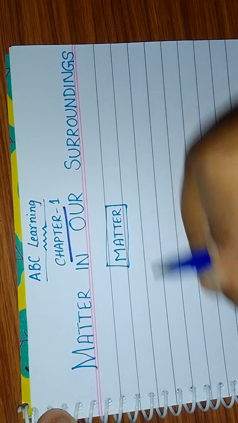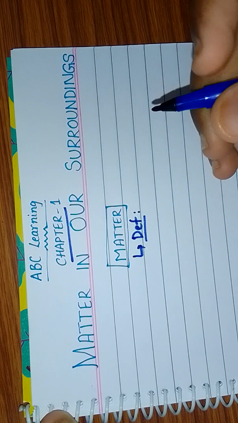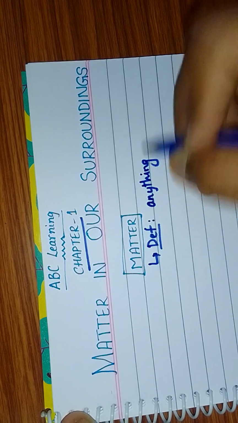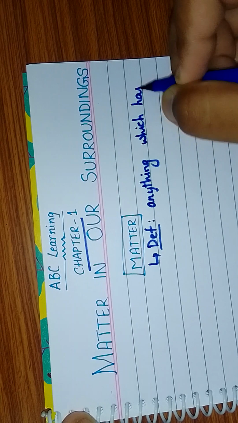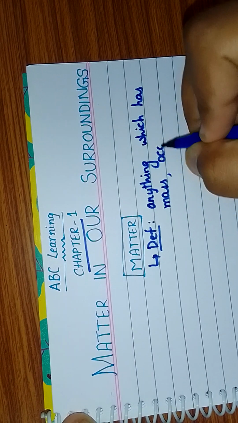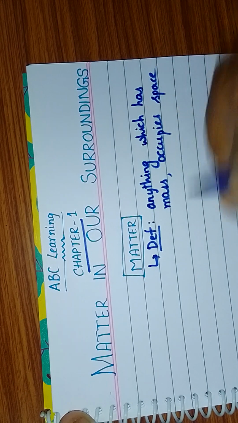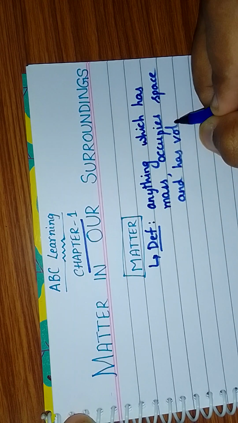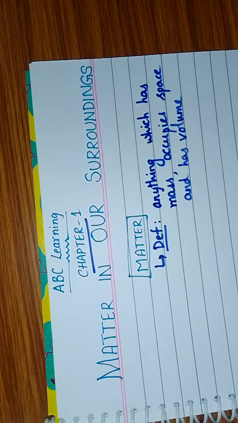Matter is defined as anything which has mass, occupies space, and has volume can be defined as matter.